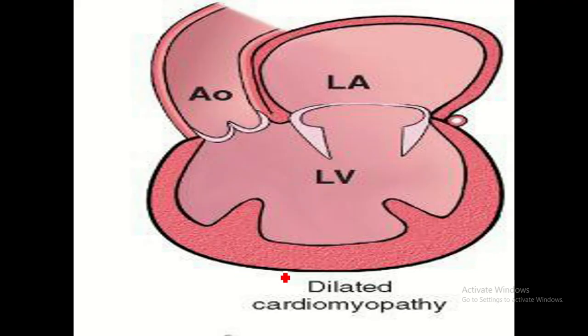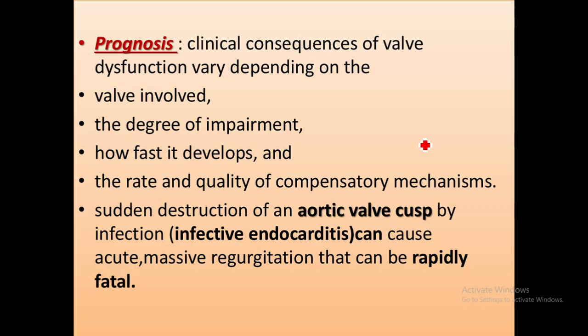Suppose for example dilated cardiomyopathy, where there is marked dilation of left ventricle. That may pull mitral valve and result in incomplete closure and regurgitation. So that is called functional regurgitation, where the valve is normal.